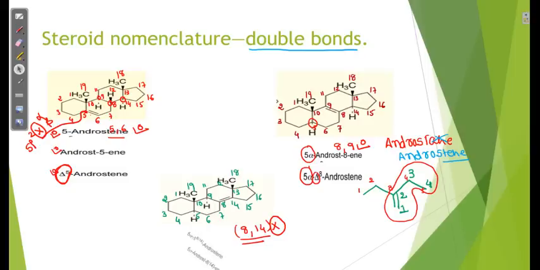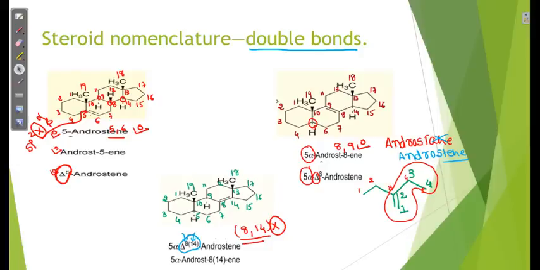Let us go here. This is very important for us. Here we have to focus more on this. What does it indicate? Delta shows the double bond, but the double bond starts from 8 and goes to 14. If a double bond is not in sequence, meaning not between 1 and 2, 2 and 3, 3 and 4, 4 and 5, then only one number is indicated.